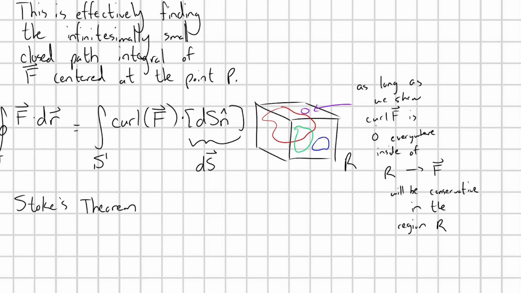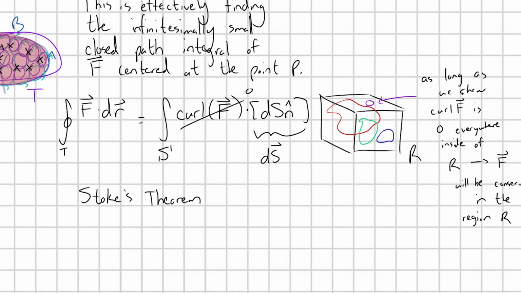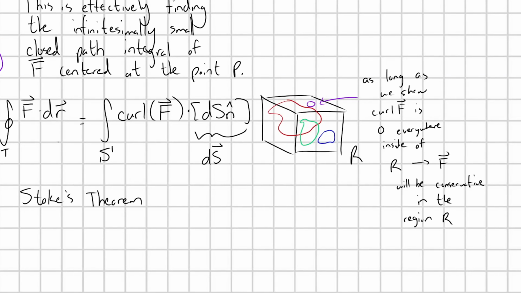As long as we show that the curl of your force field F is 0 everywhere inside of the region R, then that's going to make this guy equal to 0, and so your circulation integrals are going to be equal to 0 within that region, also for any proposed loop that you can come up with. And so the moment that you show the curl of your field is 0 everywhere inside a simply connected region R, then F will be conservative in that region.